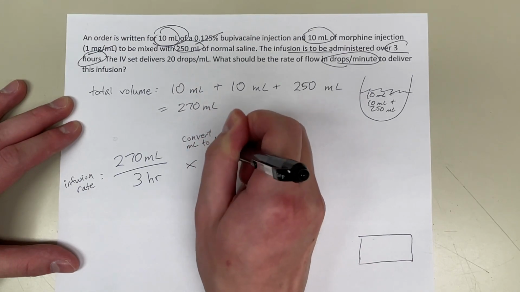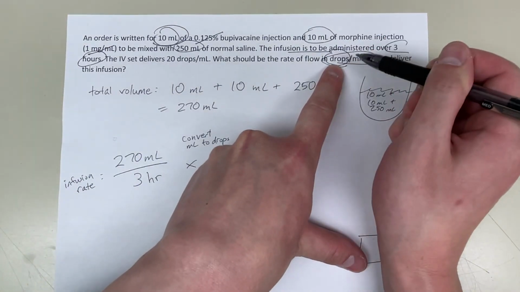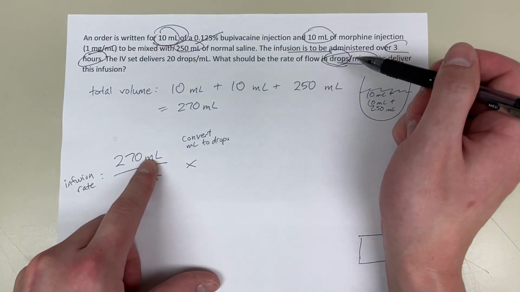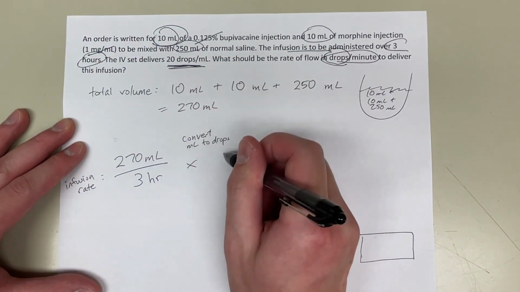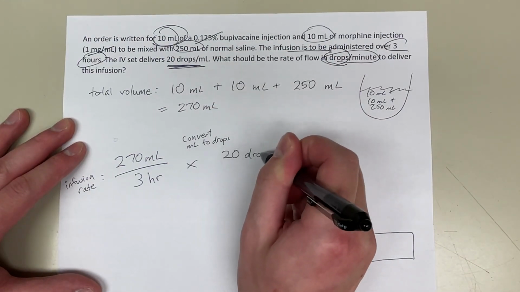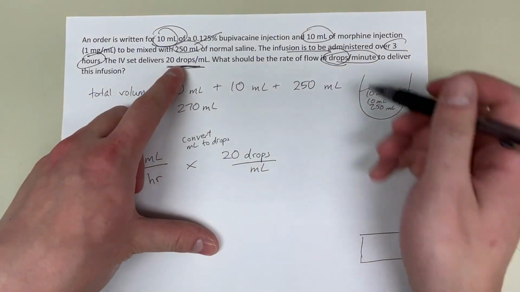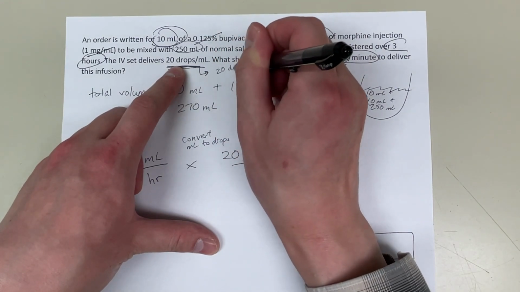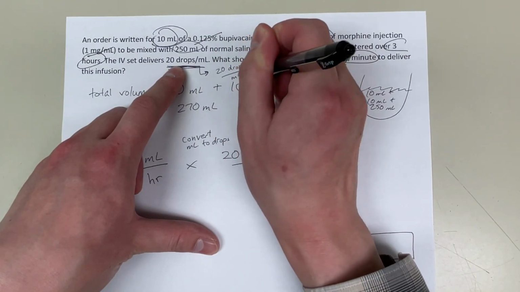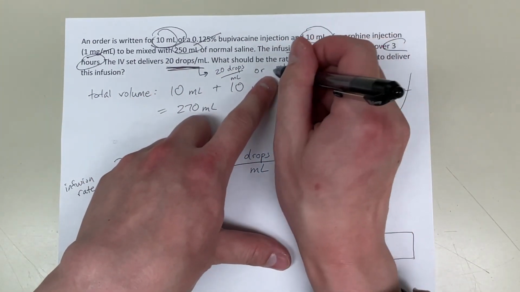milliliters to drops, because they want a final answer in drops and not milliliters. So that's why I'm converting this milliliters to drops. And then they have a conversion factor here, 20 drops per milliliter. Whenever I see this, it could be written as 20 drops per milliliter, or I could have the drops in the denominator and the milliliters in the numerator.